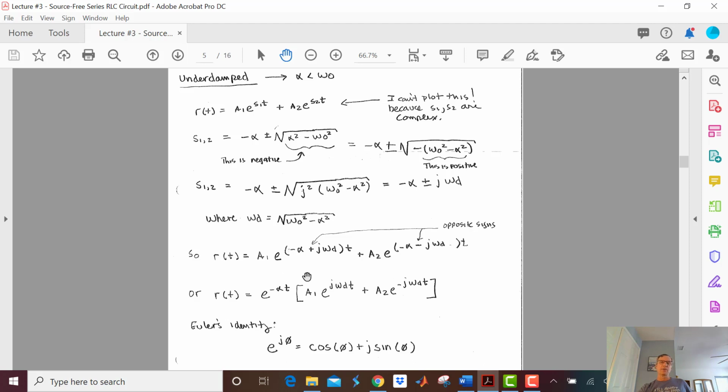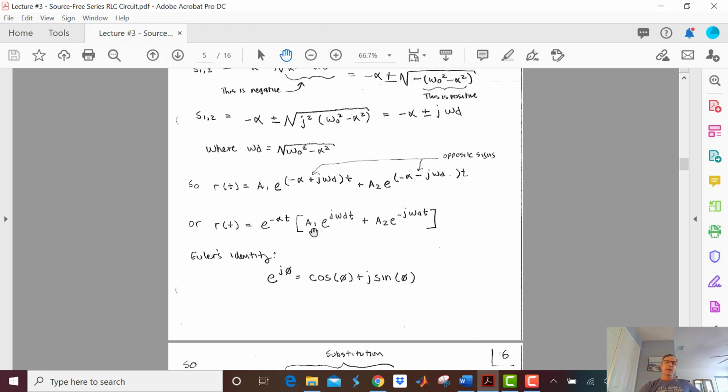Let's factor out e to the minus alpha t from both of these. That makes it look a little bit easier. And we're getting smaller, so we know we're probably doing something right, even though we don't always know we're doing something right. So now I'm going to remember Euler's identity, which is e to the j phi is equal to cosine phi plus j sine phi.